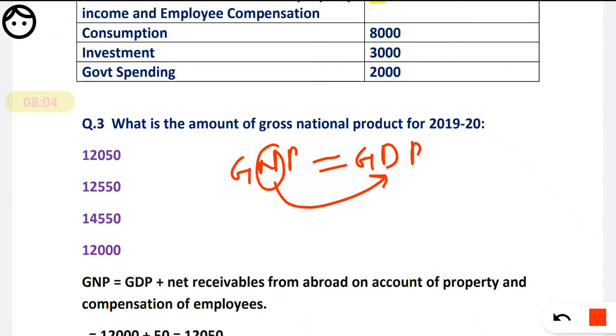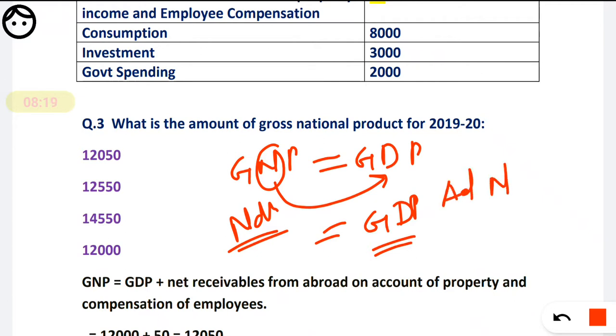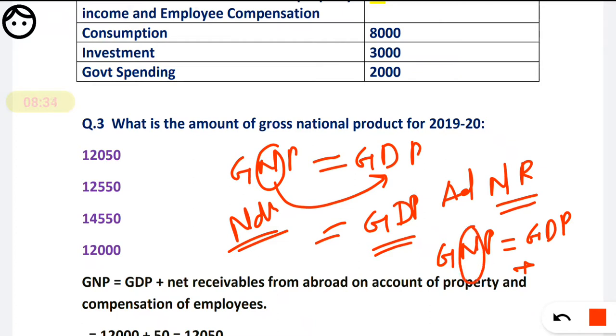So whatever gross domestic product we are having, we have to adjust the net receivable. Basically the gross national product is nothing but your GDP plus, because we are talking about the nationality, all the income that is a net receivable from abroad.